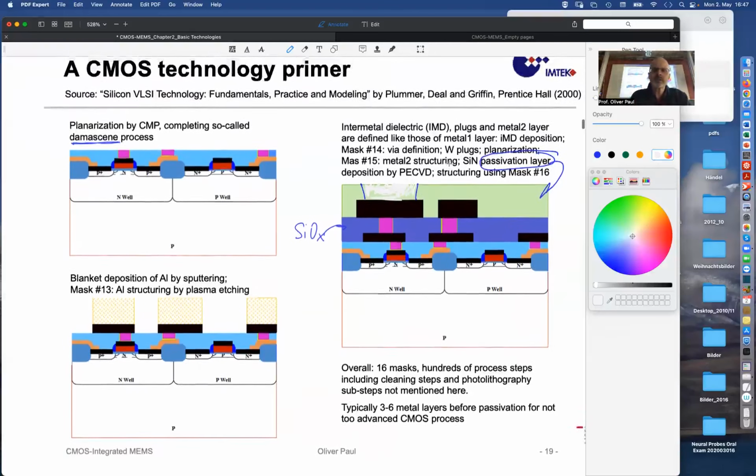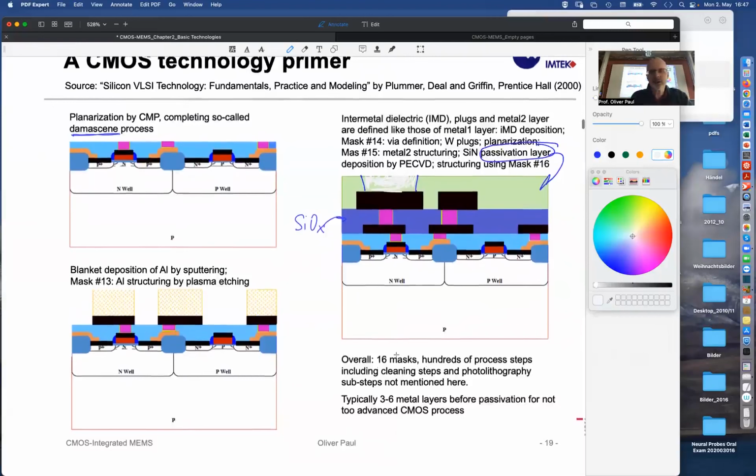So this is what it takes, and in this process now, 16 photolithography steps have led to that result. And remember that at every photolithography step, you can build in errors. A little dust particle will also lead to a pattern on the chip. And if those dust particle patterns add up after one process after the other, then at the end you have dust specks all over the place and the chip doesn't work.